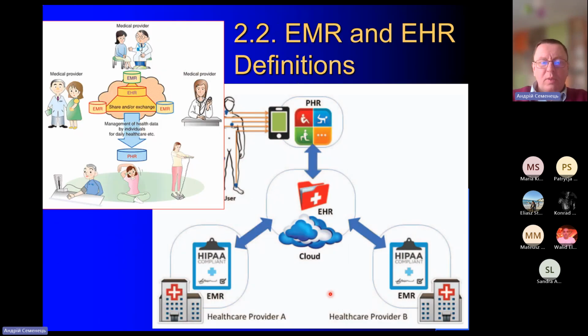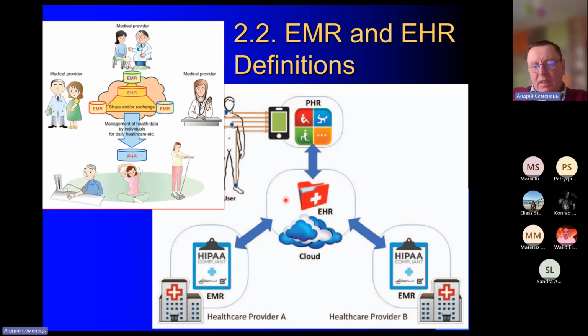So again, I will repeat the same diagram and remind you that for the same patient visiting different medical providers, multiple EMRs are created, one per provider. With nationwide medical information data networks or systems in place, an EHR could be created by summarizing information from all those EMRs.